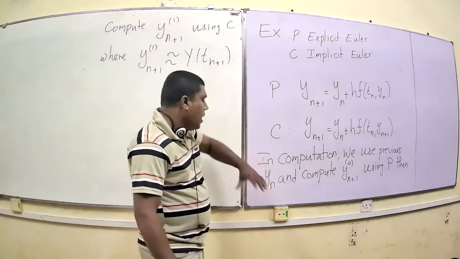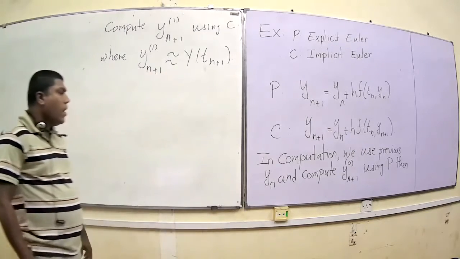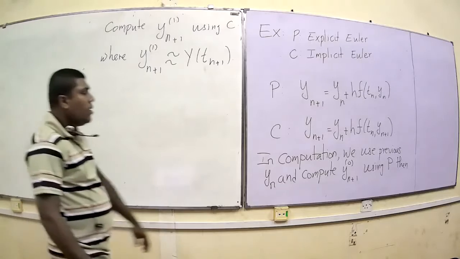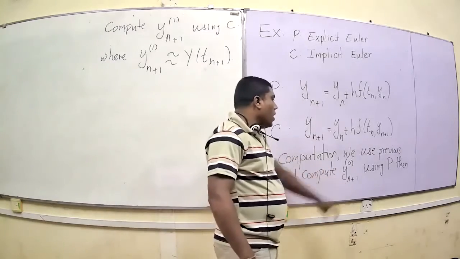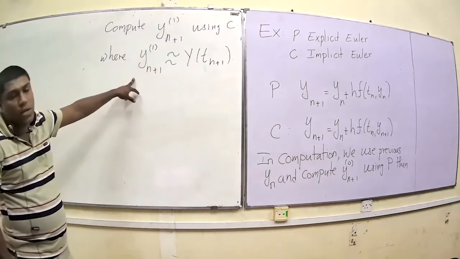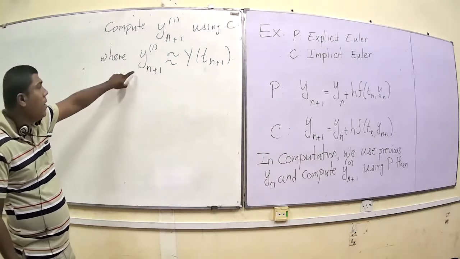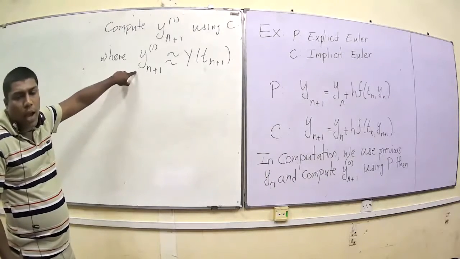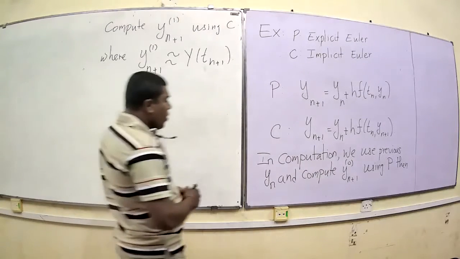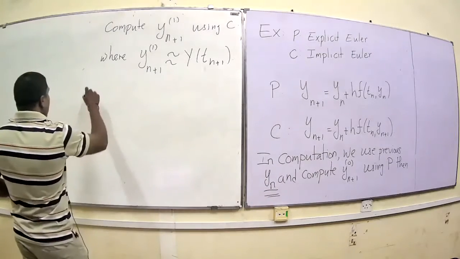At each step, you take the previously computed value and compute the initial value for the present computation, and then you iterate one time to get an approximation for this. So at the end of this step, this is the solution you have.